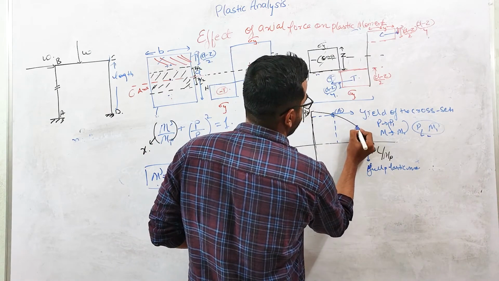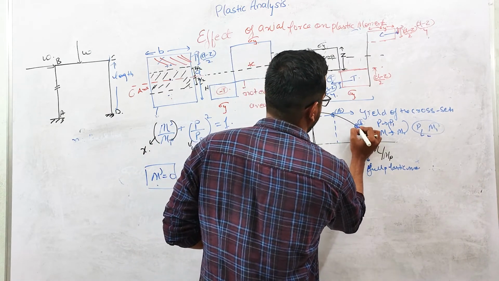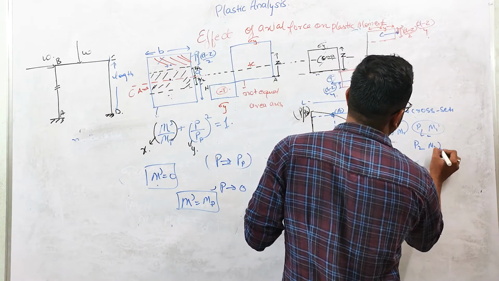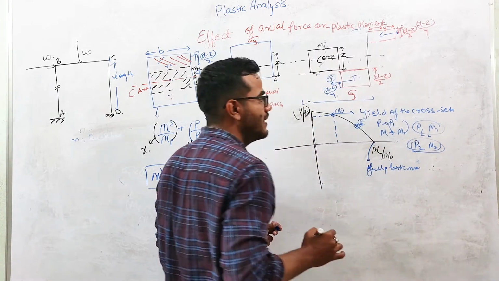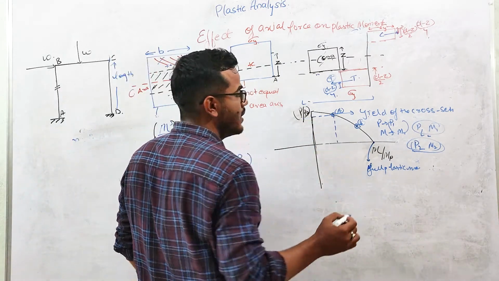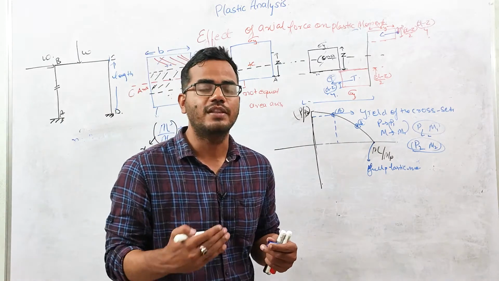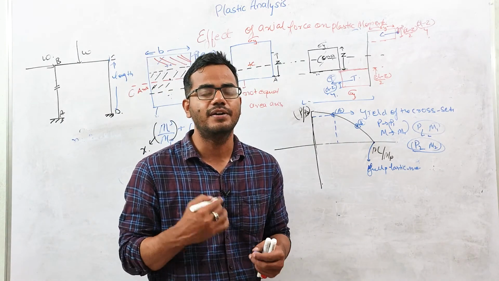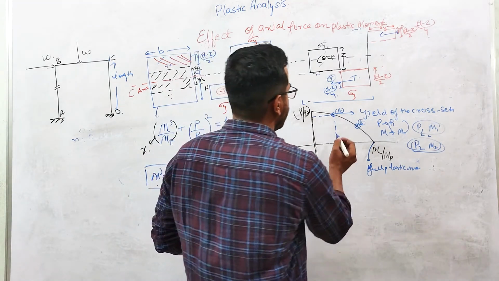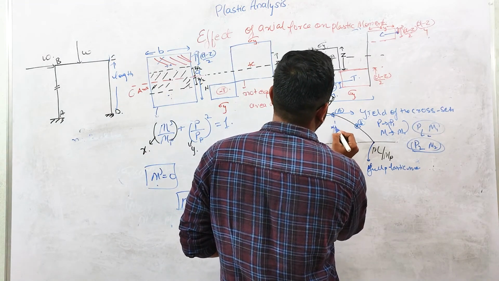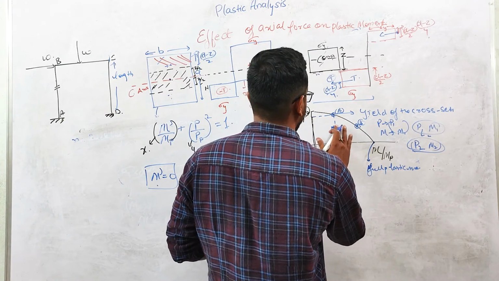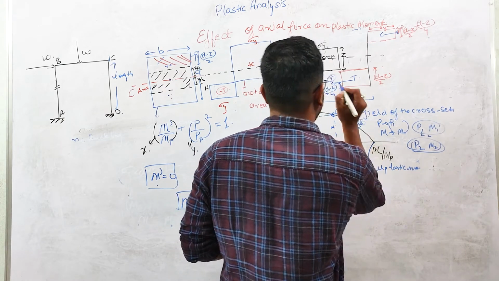Suppose any point like B over here lies on this curve, and this load is P2 and M2, then again P2 and M2 will result in yielding of the cross section. So any point on this curve shows the combination of axial force and moment that will result in the yielding of the cross section. If the point lies inside this curve, then the cross section is safe from yielding. Outside case is not possible.